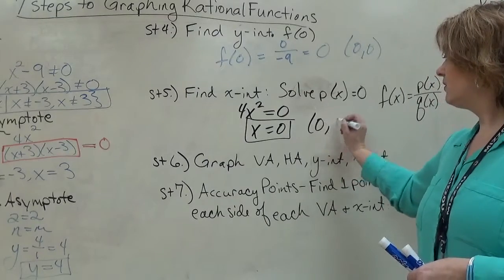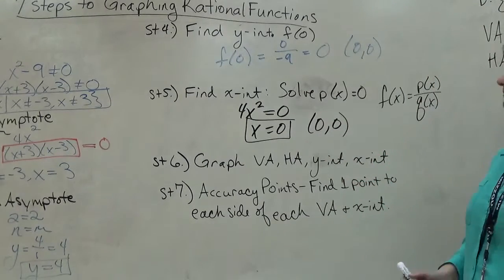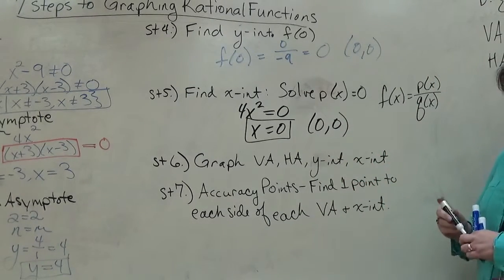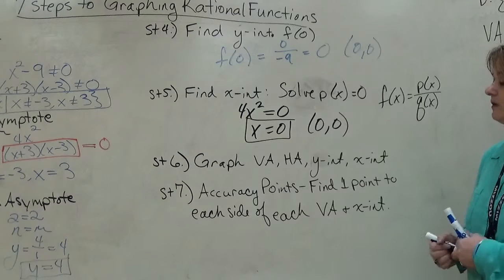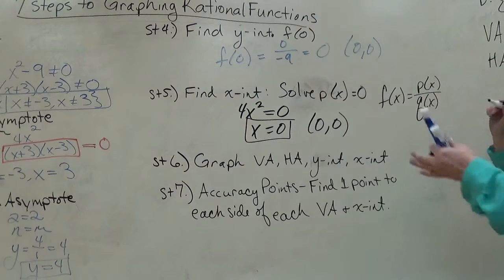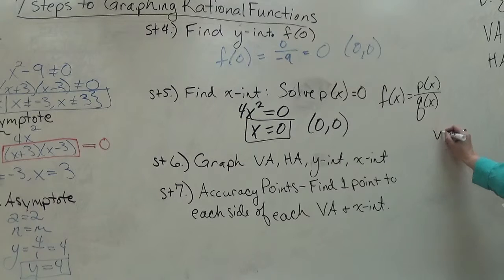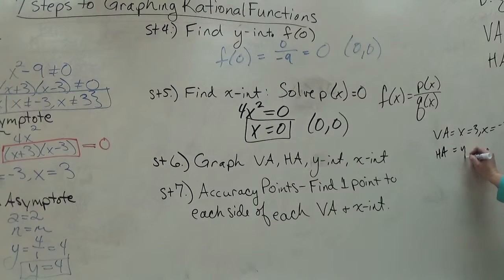So again, we get the ordered pair 0, 0. And now we need to move on to the actual graphing. Okay, so I'm going to jot down real quick what we had so I can use that other space in the board. Vertical asymptote was x equals 3 and x equals negative 3. Horizontal asymptote was y equals 4. Okay.